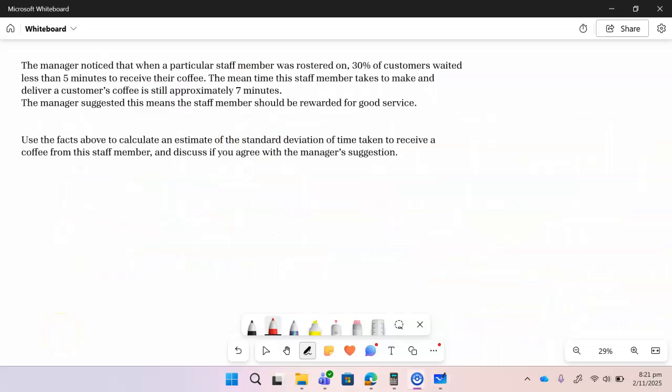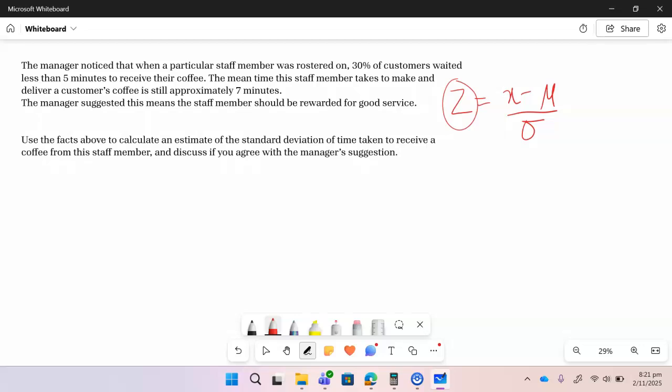Alright, this was the next question, which is asking us to find the standard deviation. It's the same as I've said before when finding the mean. We need to use the formula x minus mu over standard deviation. It will be given to you on the graphics calculator, but we need a couple of things before we use the formula, mainly the z-value. The manager noticed a particular staff member was rostered on 30% of customers.